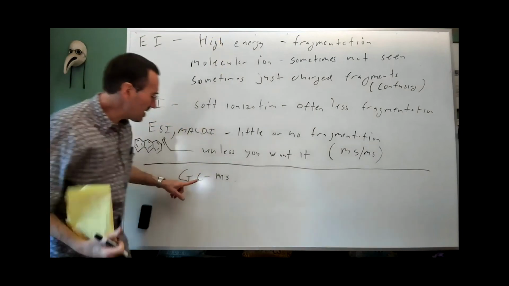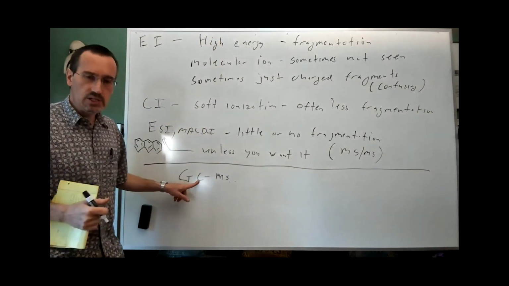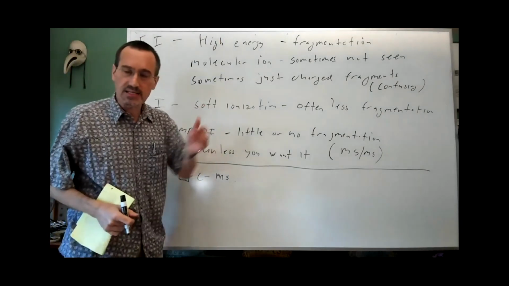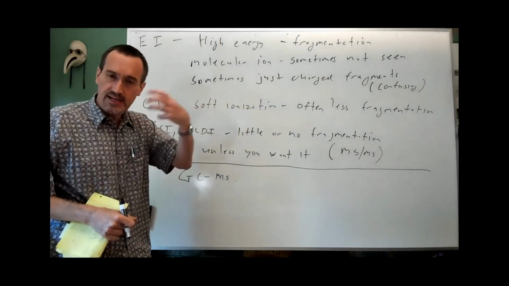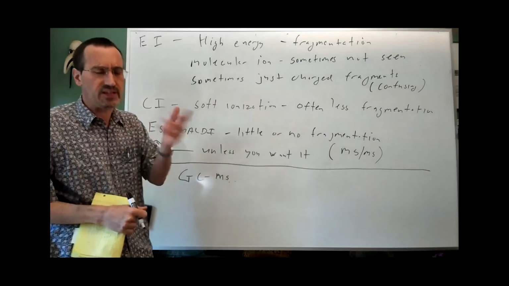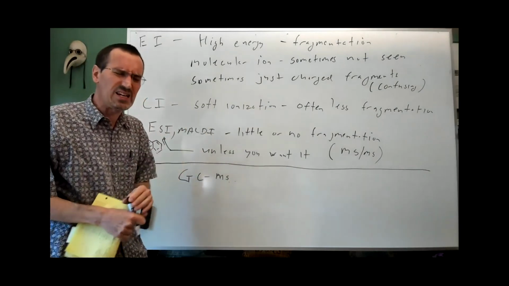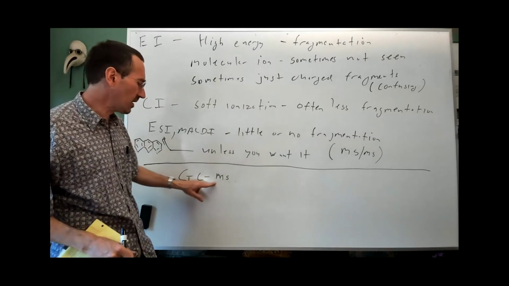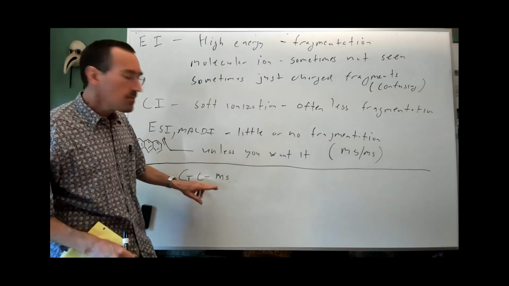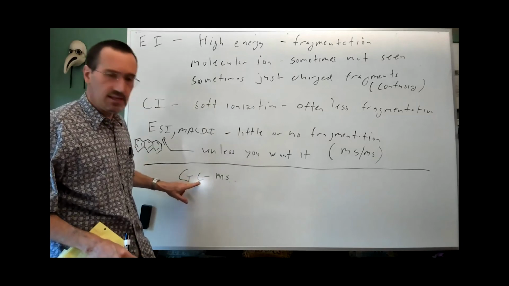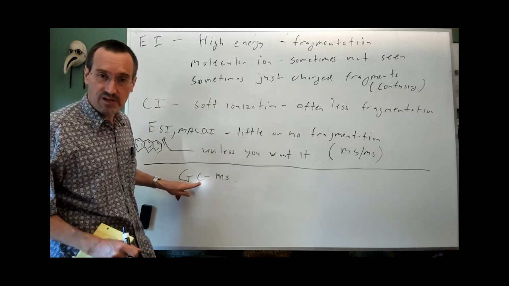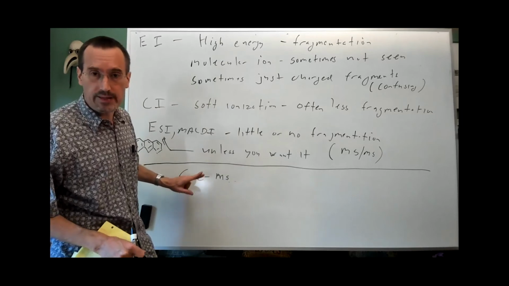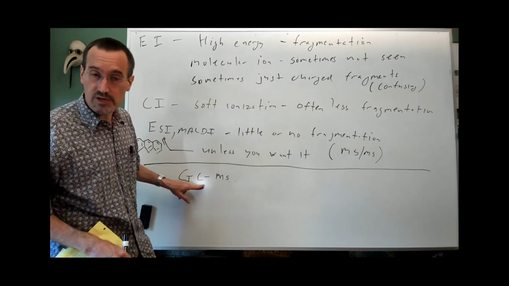So gas chromatography for small molecules is a wonderful technique because you separate them by basically boiling point and adherence, more specifically by boiling point and adherence to a matrix, to a stationary liquid medium in a column. But at that point, you've already gotten the molecule into the gas phase, which I mentioned is one of the sticking points for EI.